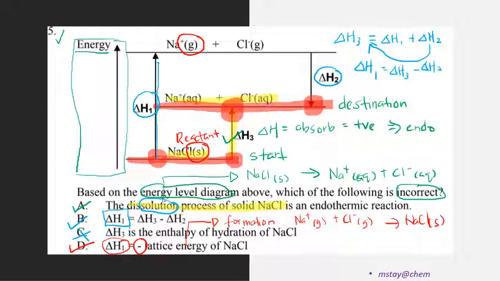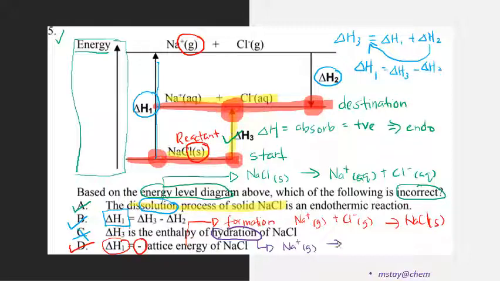So the answer for this question, which of the following is incorrect, is that delta H3 is the enthalpy of hydration. If we want to correct the enthalpy of hydration, again we need to understand the meaning of hydration: the gaseous ions hydrated in water.